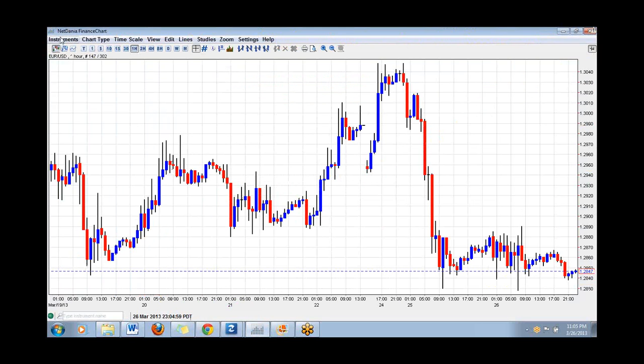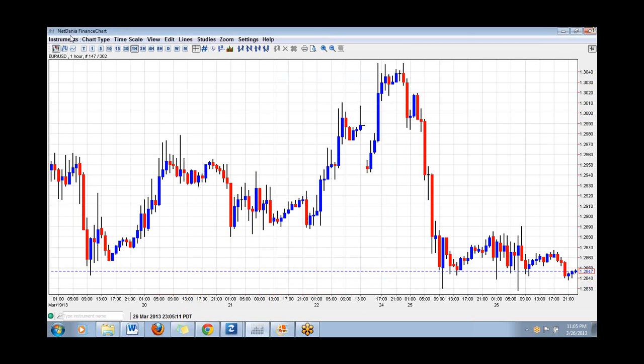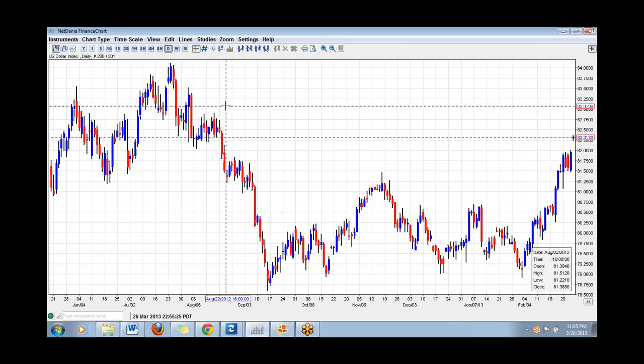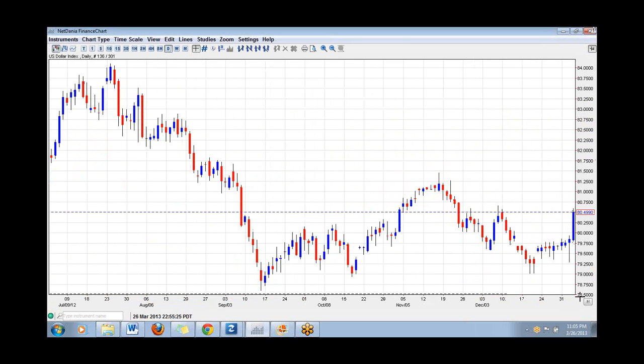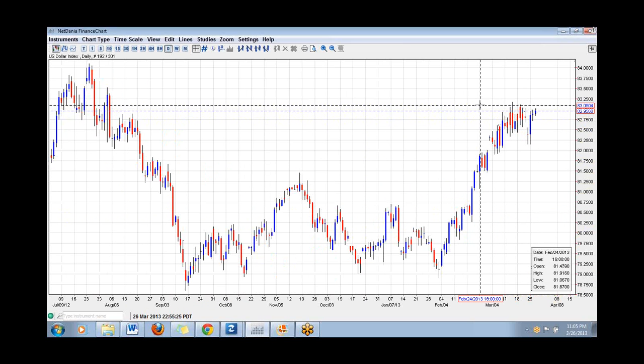And you can see through, sorry, go back on the dollar index based on this one first. Yeah, so it's pretty much the same as the other chart.